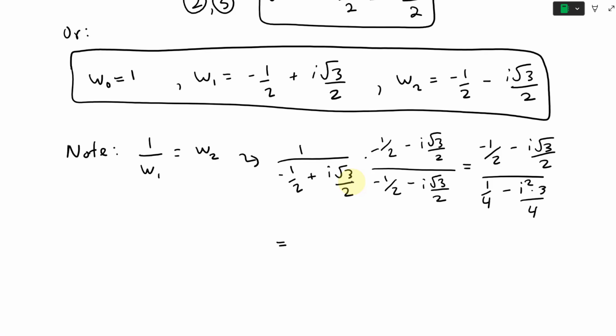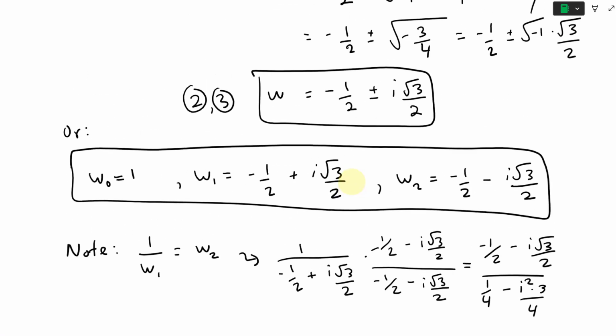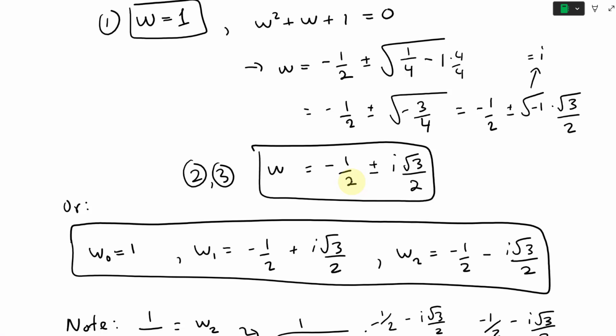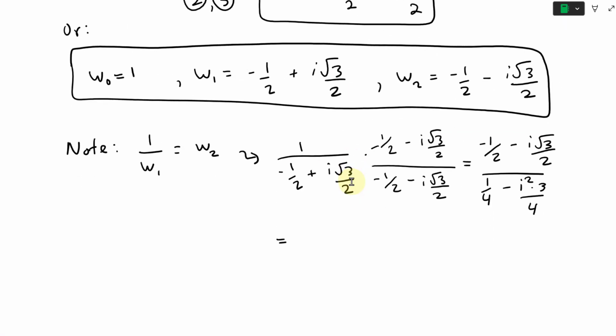That's because i is equal to the square root of negative 1. So if you square it, you get i squared is equal to negative 1. So this one here, i squared equals negative 1, so then this becomes positive 3 over 4. Now it equals 1 over 4 minus, this is going to be minus 1, so plus 1, and 3 over 4 equals 4 over 4 equals 1.